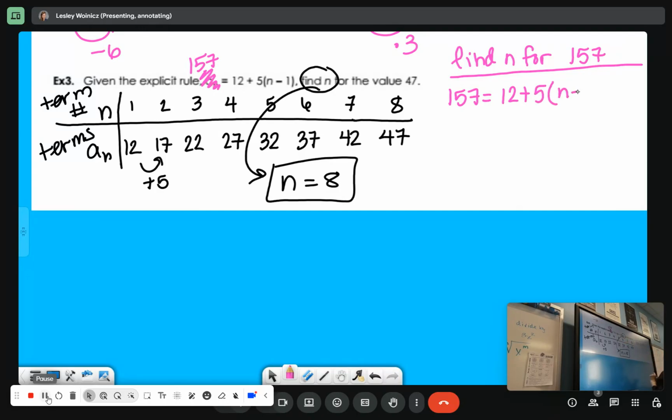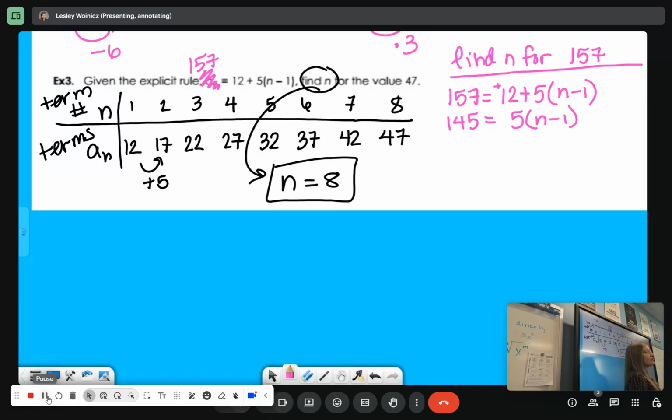And now I just solve for that cute little n. How do I undo adding this 12? To both sides, subtract it away. So what's 157 minus 12? 145 equals 5 times n minus 1.